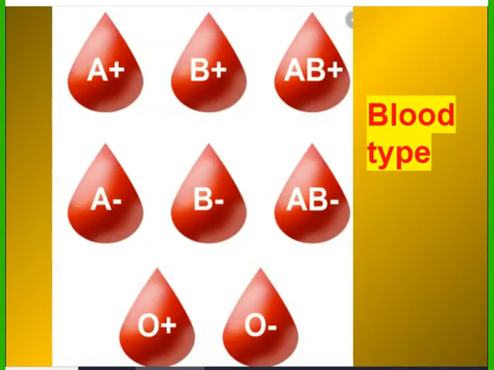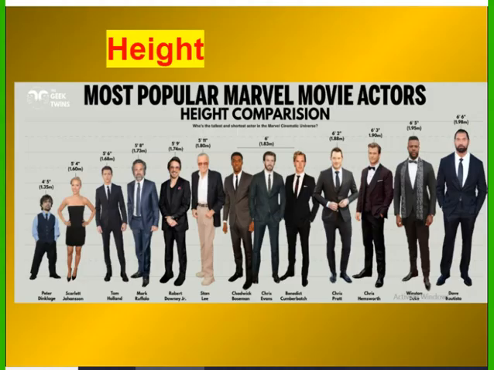Blood type, right? We don't see that, but it is a physical trait. That's one of those that's physical, but not outwardly apparent, but it is something you inherit. And height is another one. And I thought I would give you this poster on here that shows most popular Marvel movie actors and their height comparisons, and got quite a range there of different heights of the different actors, including Stan Lee, the creator of the whole Marvel industry, basically.